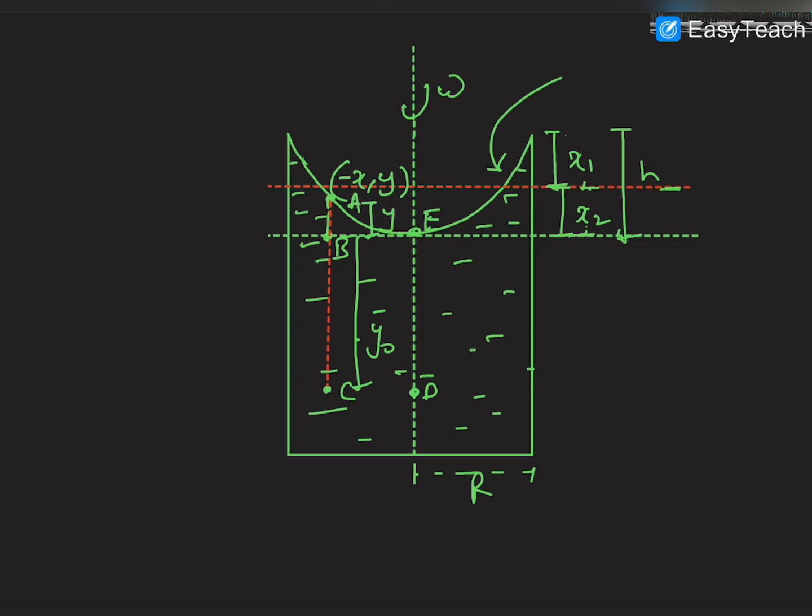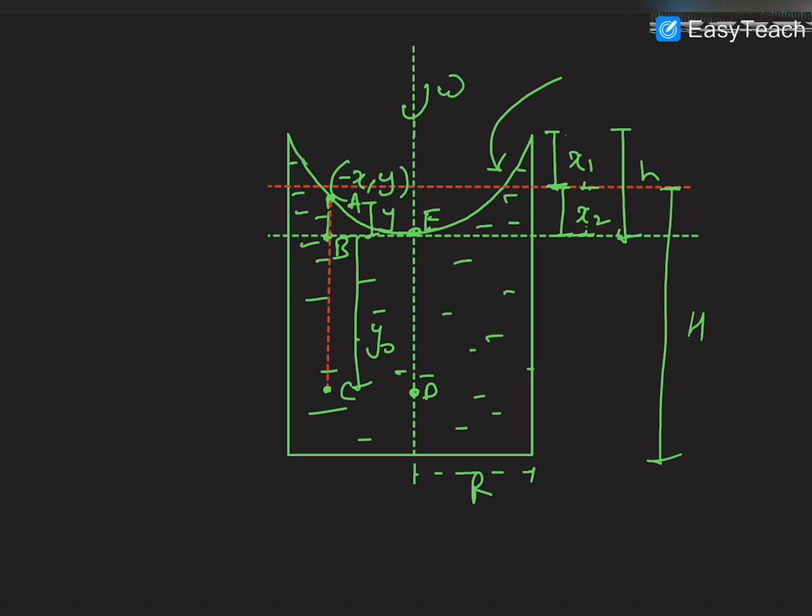H was the water level in the container when the container was not rotating. Now when we started to rotate the container about the central axis, the central point of the liquid surface depressed by a distance of x2 from the original level, and the extreme point of the liquid surface, which is in contact with the container, elevates by a distance of x1 from the original level. Now we have to establish the relationship between x1 and x2, and also find out their values.